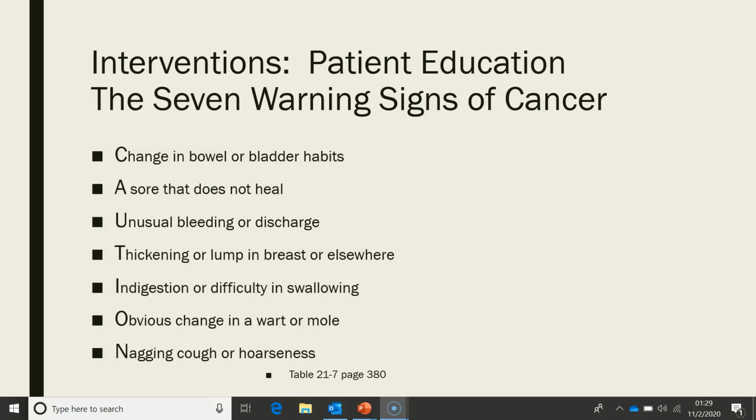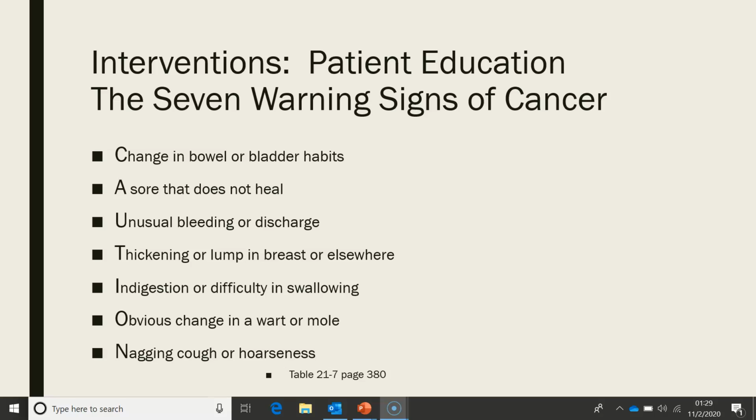Now we know, because we're far enough along in this course, that these can be a lot of different things. But we also want to make sure that if people are having these symptoms, they contact their healthcare provider to have them further looked at.